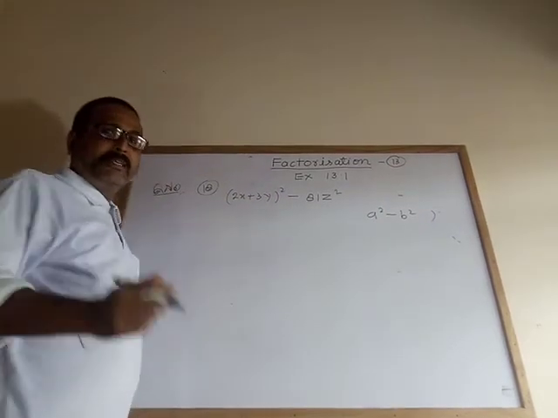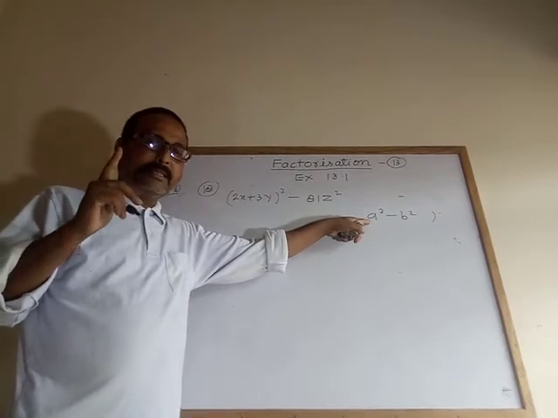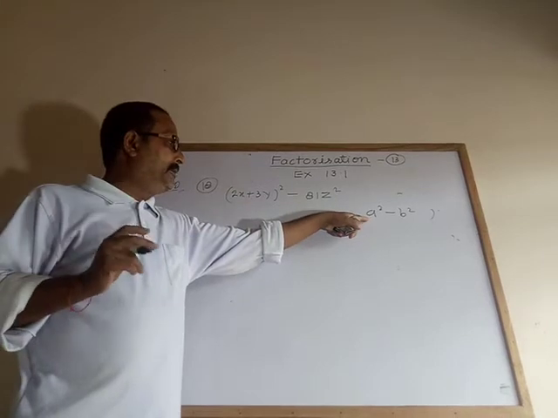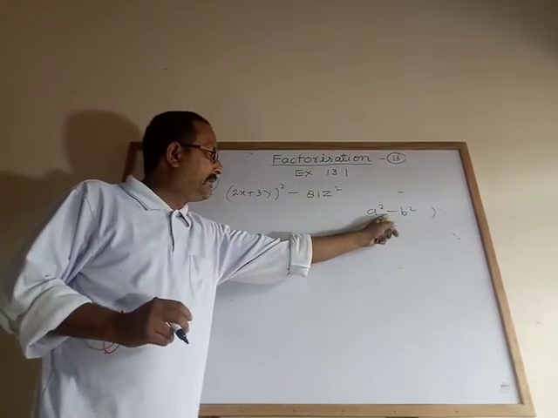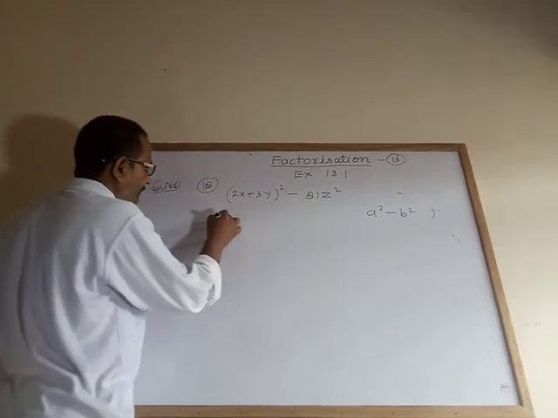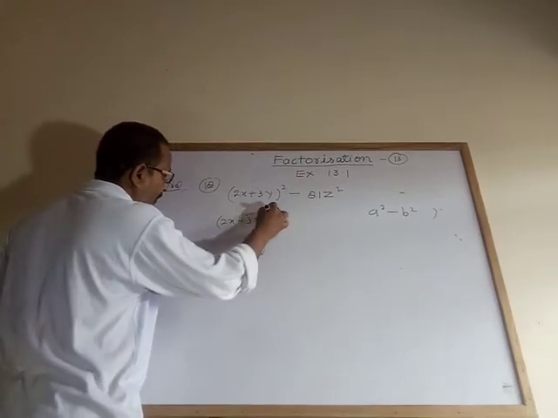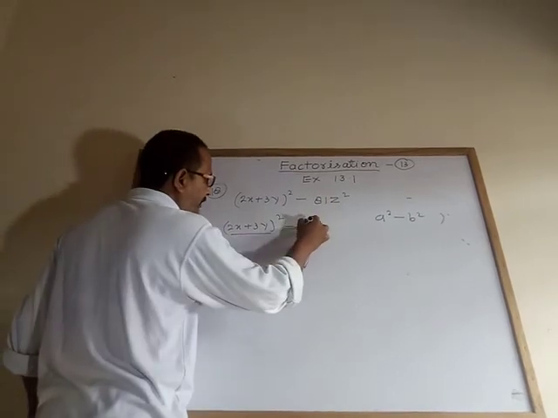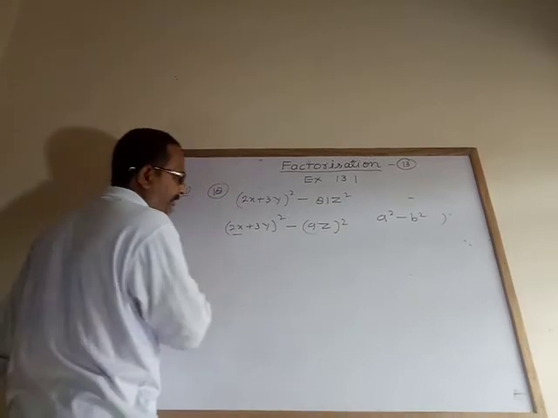A is not a variable here. A means term, may be binomial, trinomial or monomial. B is also a term. Square of the first term minus square of the second term. Here the first term is (2x plus 3y) whole square, and 81z square means (9z) square, which is the second term.